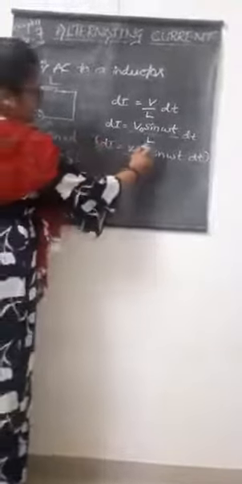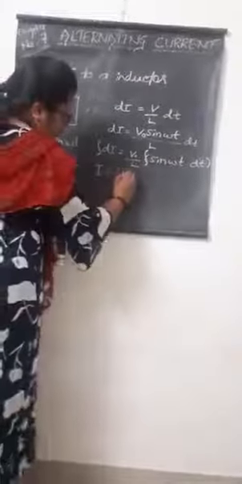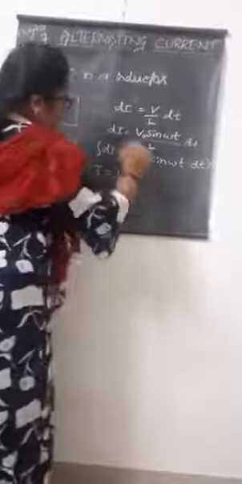V0 and L are constant. Leave them as they are. Integrate. So this is already di. You will get I here. V0 and L are constant. Take them outside. So integration of sine theta, what will it be? It will be minus cos theta.